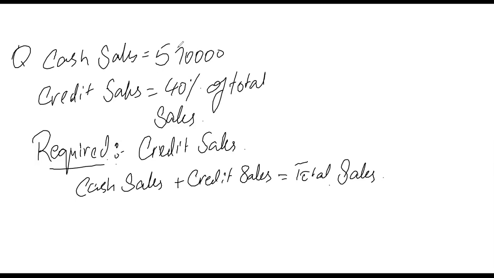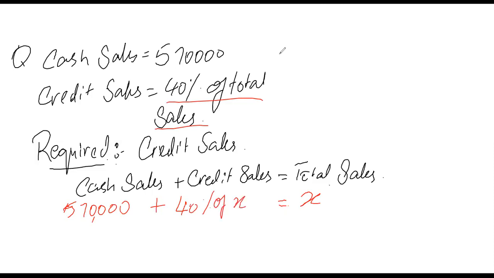So we can keep total sales as X because we'll be finding out the value of X. However, we are being given the value of cash sales, which is equivalent to 5,70,000. Now, in order to calculate the credit sales, I've been given that credit sales constitute 40% of the total sales. If my total sales are X, credit sales means 40% of X.